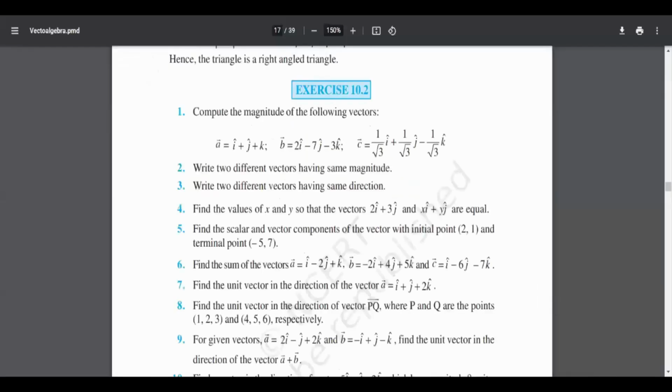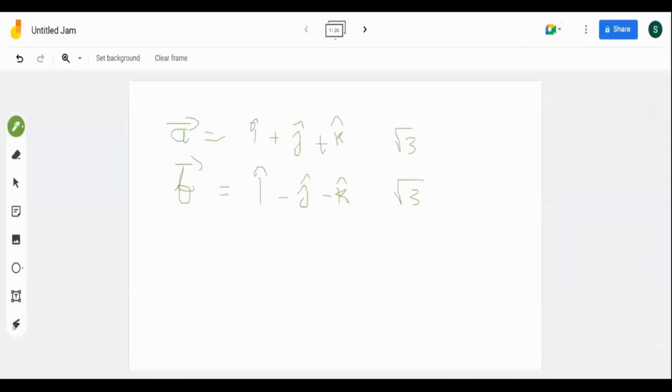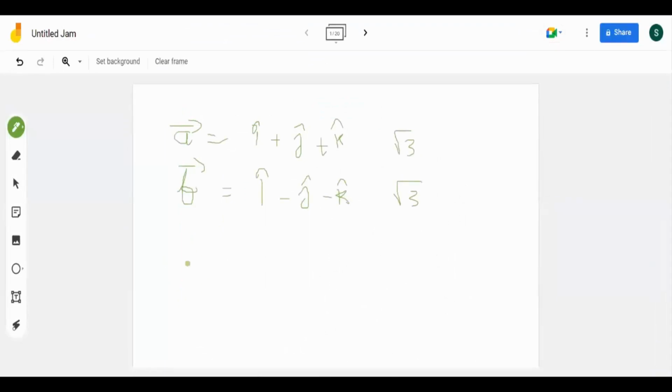Now question number 3 is to write two different vectors having the same direction. Two different vectors having the same direction means we have to make the magnitude different but keep the direction same. You can take any vector A. All these vectors have the same direction, that of A, but their magnitudes differ.